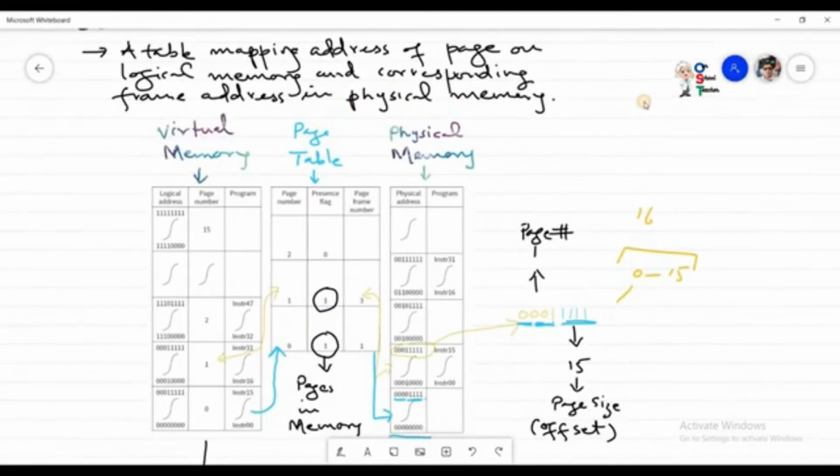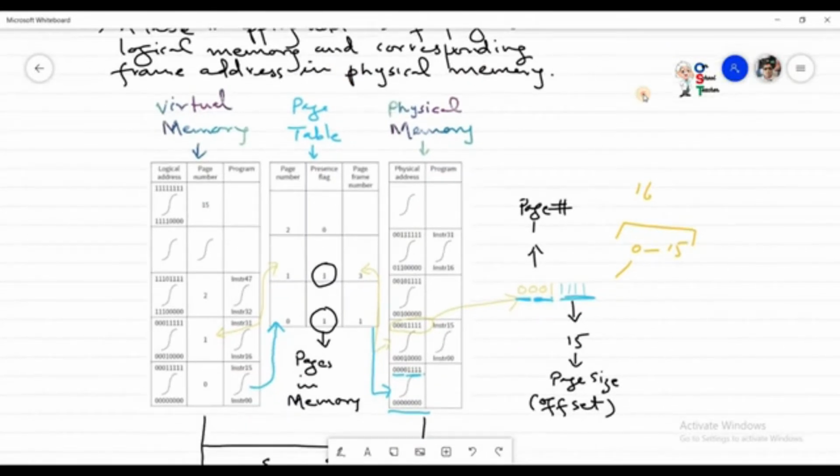Then we saw the diagram given in your book, in which virtual memory and physical memory are shown, and between them the page table is given, with page number, page frame number and presence flag. The presence flag means whether the page is loaded in memory or not.